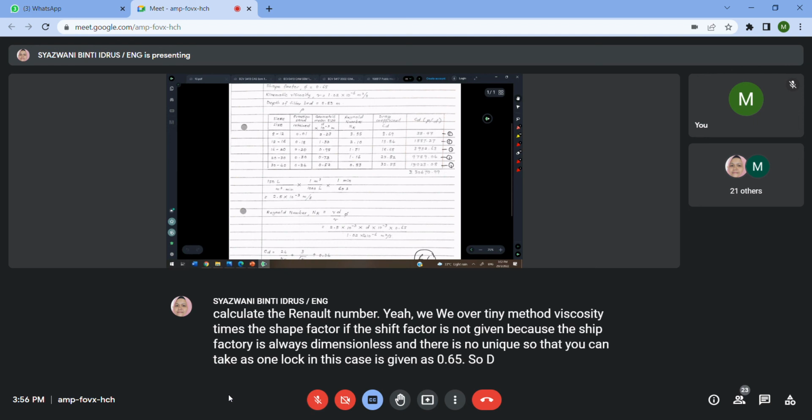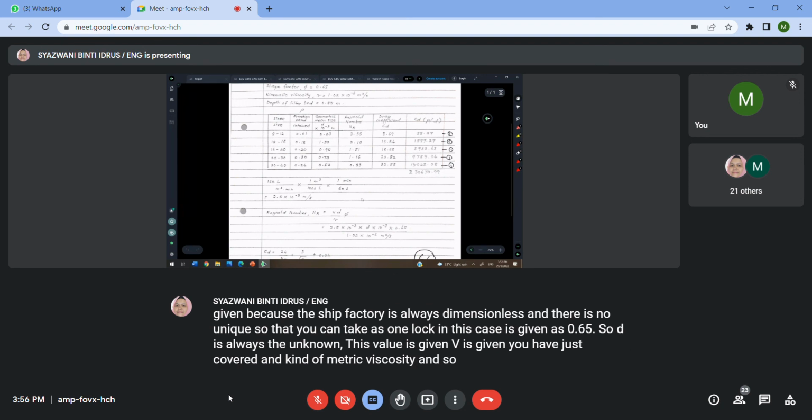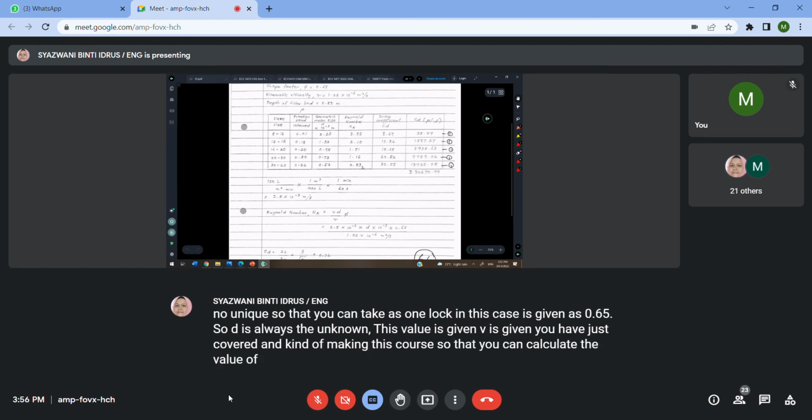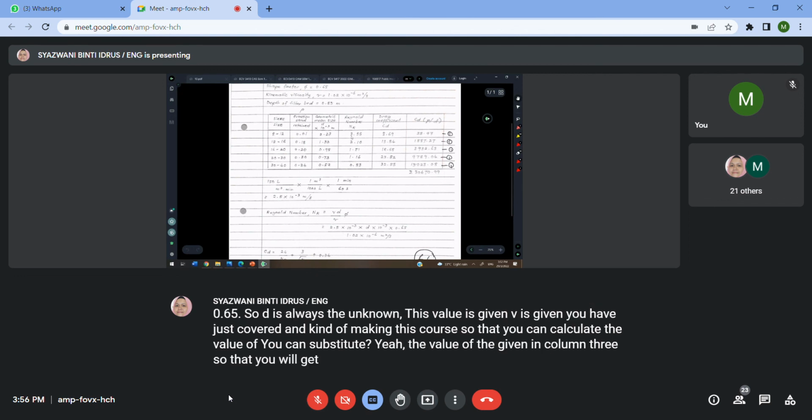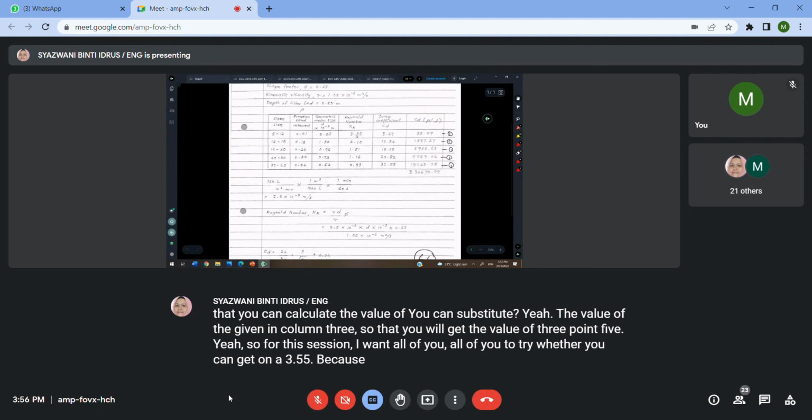D is always the unknown. This value is given, V is given, you have just converted it, and the kinematic viscosity is given, so you can substitute the value of D given in column 3, and you will get the value of 3.55. For this session, I want all of you to try whether you can get 3.55, because this question is extremely easy.